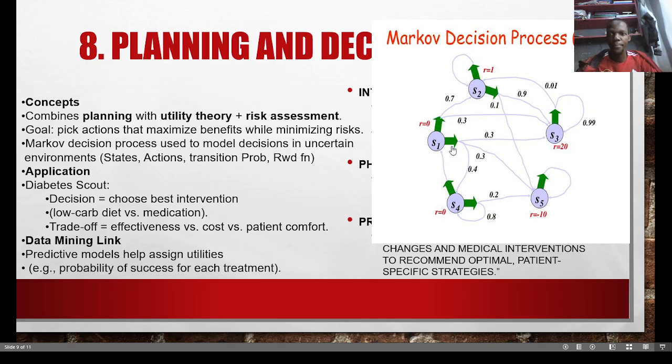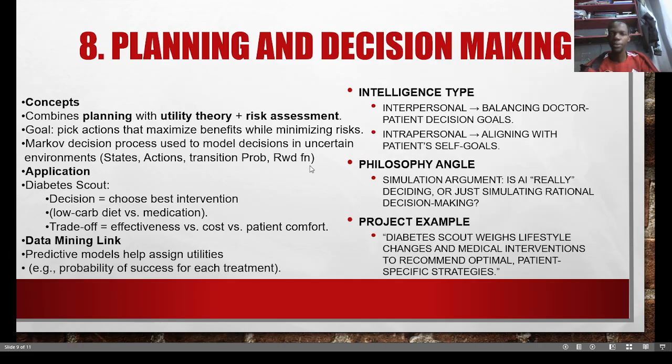Then the transition probabilities, for example, here from S1 to S2, we have 0.7, that is the probability that when you board a taxi you will arrive without a traffic jam, and so on. So we can use those different frameworks to come up with decision making.